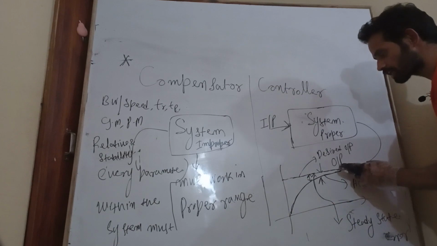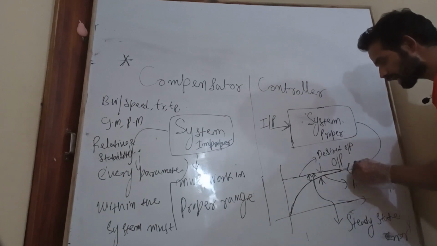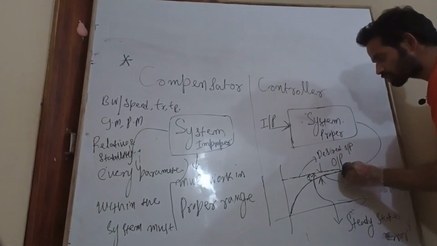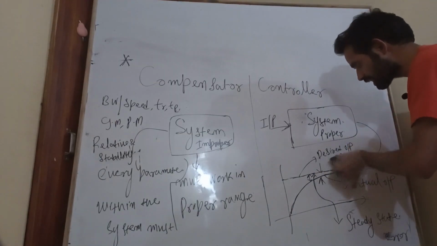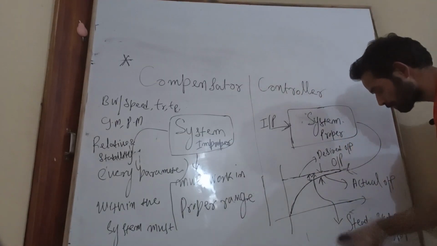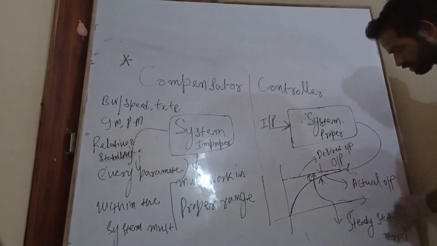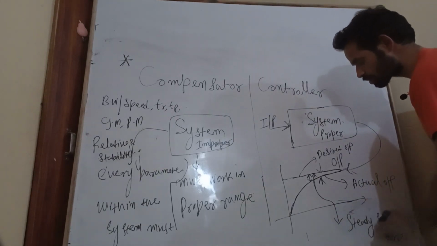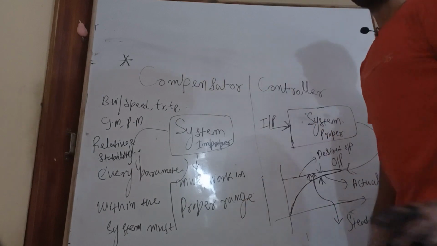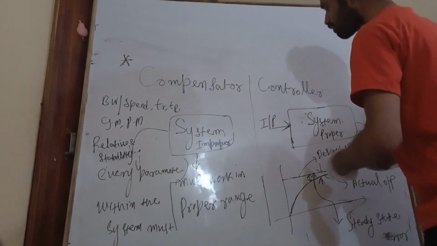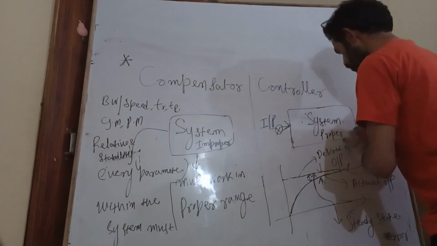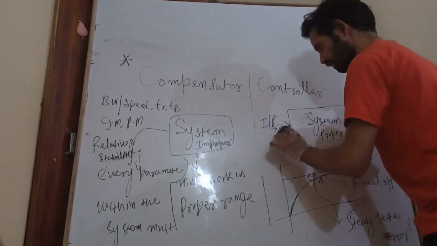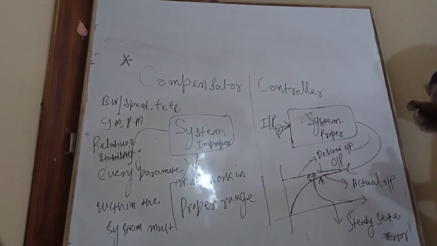The actual output is not exactly equal to the desired output, so the difference between the desired output and actual output is our steady state error. Therefore, in order to reduce this steady state error, we are applying a controller here through feedback.